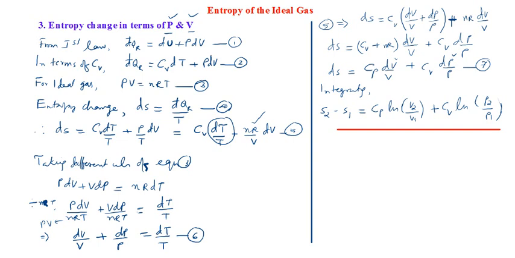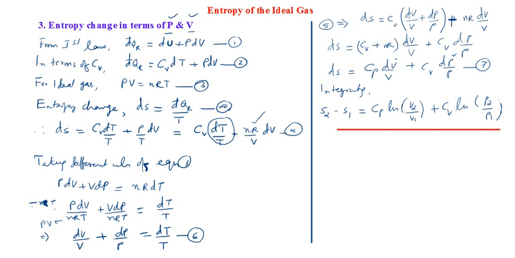So you can write in terms of molar specific heat in the way in which we have done with the previous case. So let me summarize all the three equations that we have derived.